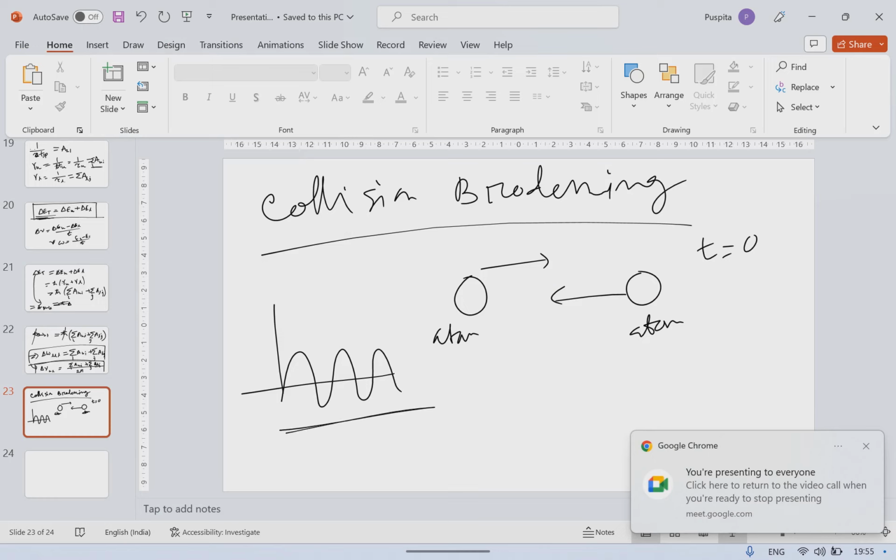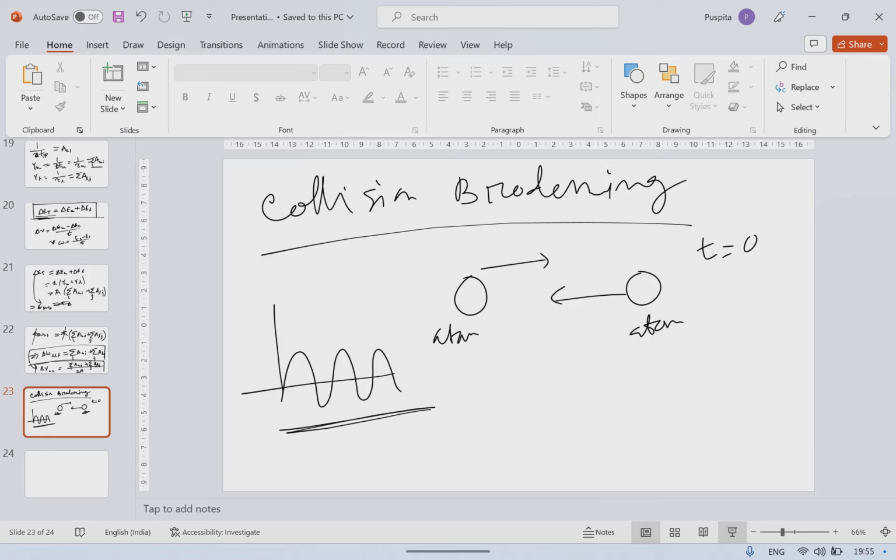So the radiation emitted is almost sinusoidal, because there is no perturbation in those energy levels. But at t equal to t1, when atom 1 and atom 2 are in this proximity, they perturb each other's energy levels, and because of this the frequency of emission changes, and for that reason broadening happens.